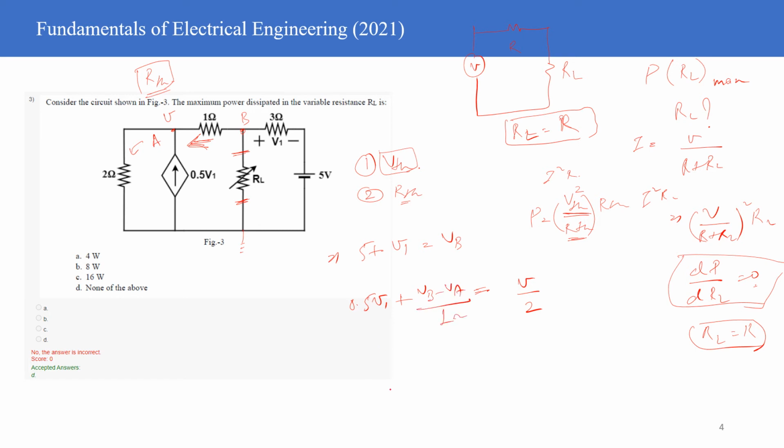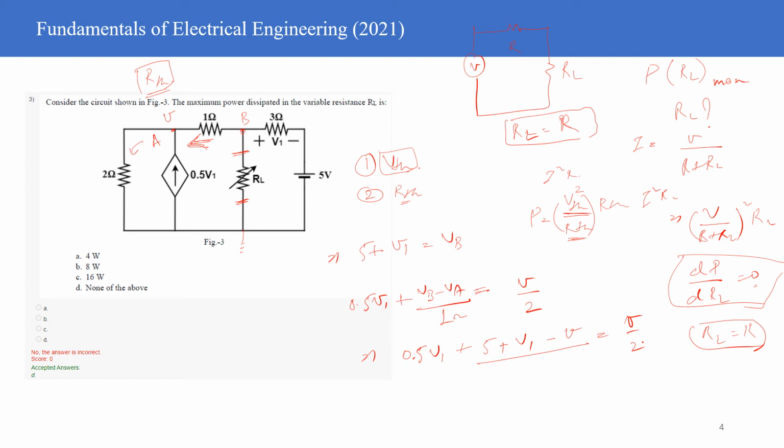But I know the value of VB as 5 plus V1, so I can write 0.5 V1 plus 5 plus V1 minus V, because VA is nothing but voltage V. And this divided by 1 is 1, and then this is V by 2. So this is the equation which you have got.